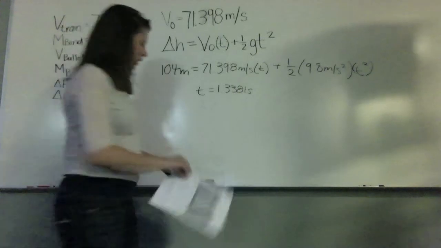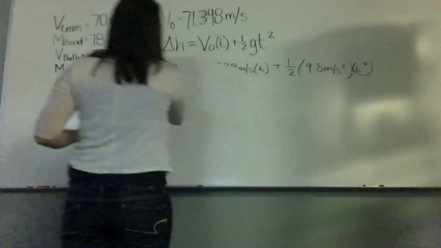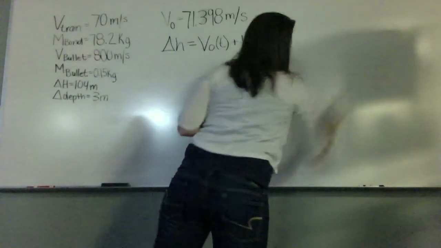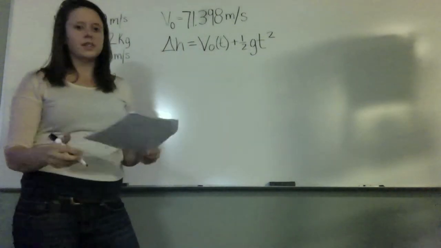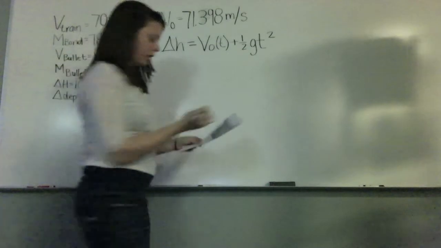So, we will now be using the time to calculate his final velocity with which he hits the water, and we'll be using the equation that final velocity equals the initial velocity plus acceleration times time.